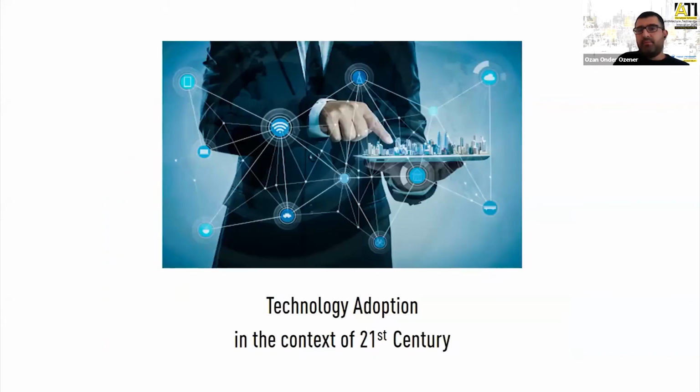So the problem here is, the technology is out there, whatever its name is, and there are lots of technologies, and maybe they impact us in different ways, but there are some similarities between them. And the problem here, as educators and future professionals and current professionals, is how are we going to adopt technology in the context of the 21st century?